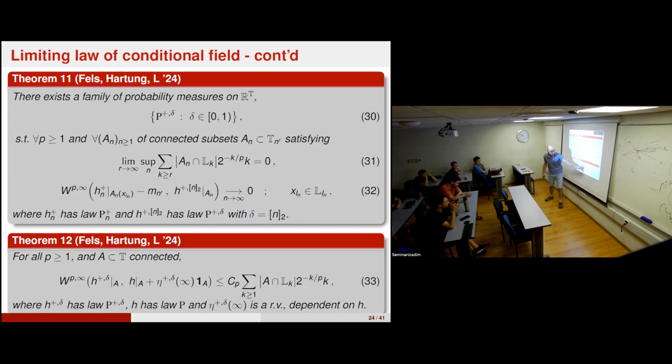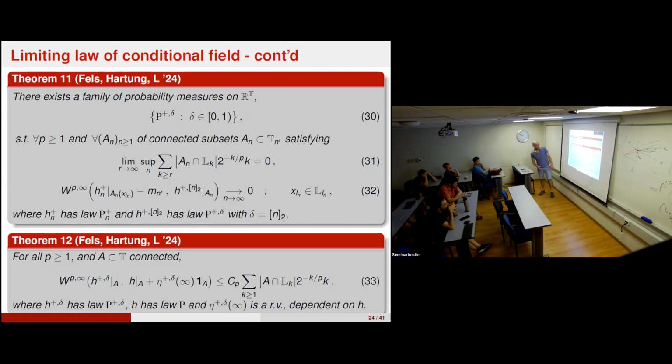If you have a set such that this is small, then you can compare this to the usual Gaussian free field or branching random walk, just shifted globally by a random quantity that's independent of it. So if a sequence of sets is such that this goes to 0, then this limiting law looks like the usual Gaussian free field shifted by a global quantity.